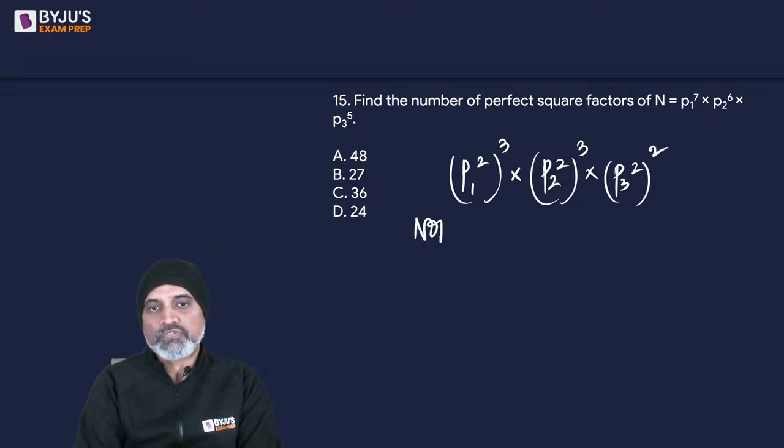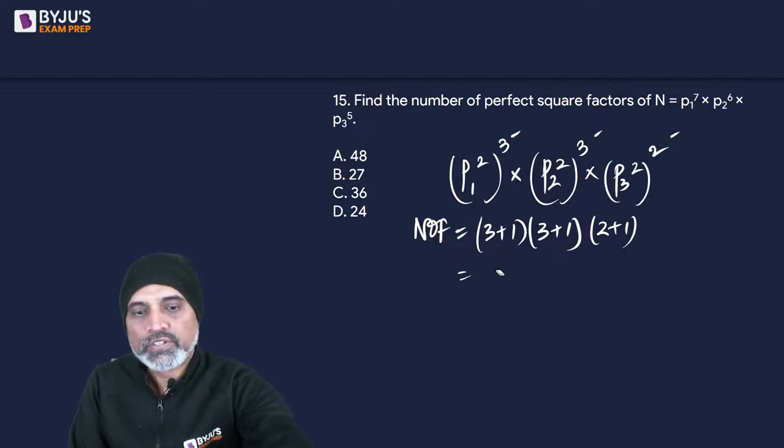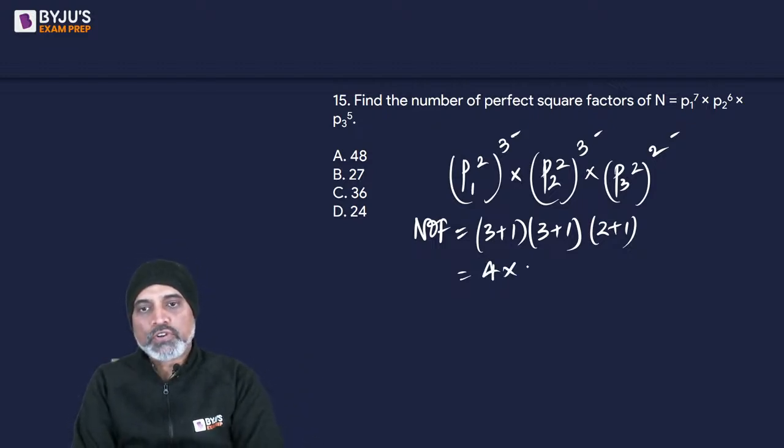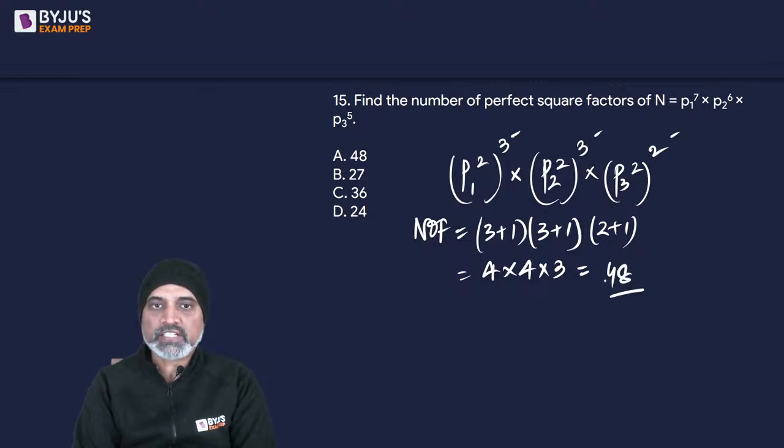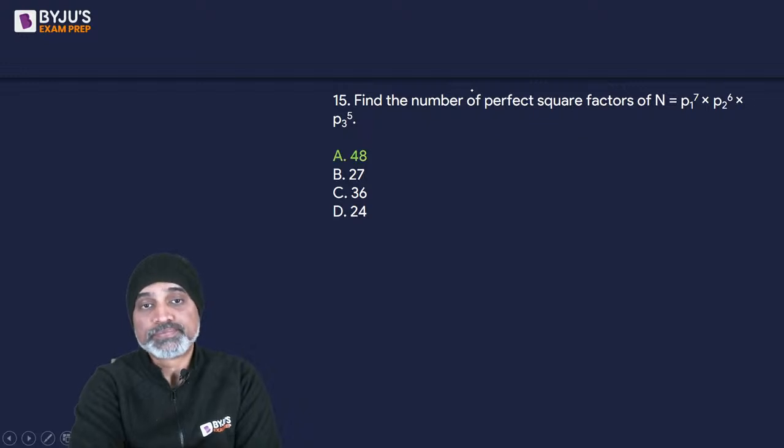So the number of factors is going to be the powers that we have written plus 1 each one of them, and then we will multiply them. So this will result in 4. So 4 into 4 into 3, which is 16 into 3, 48. So there are 48 perfect square factors of the given number, right?